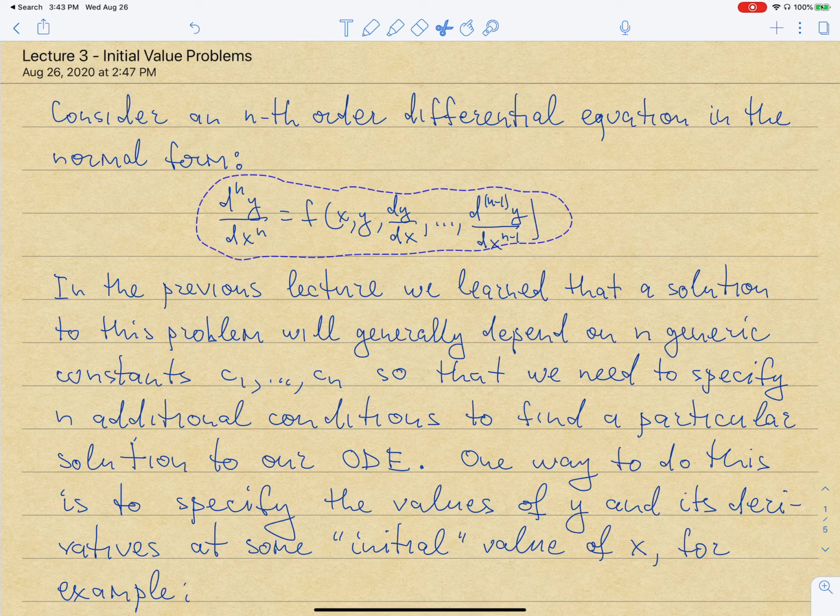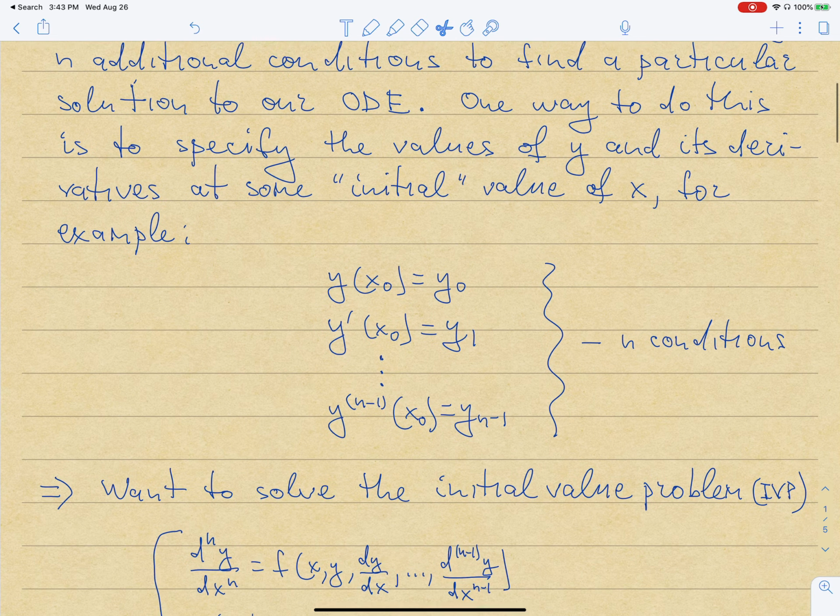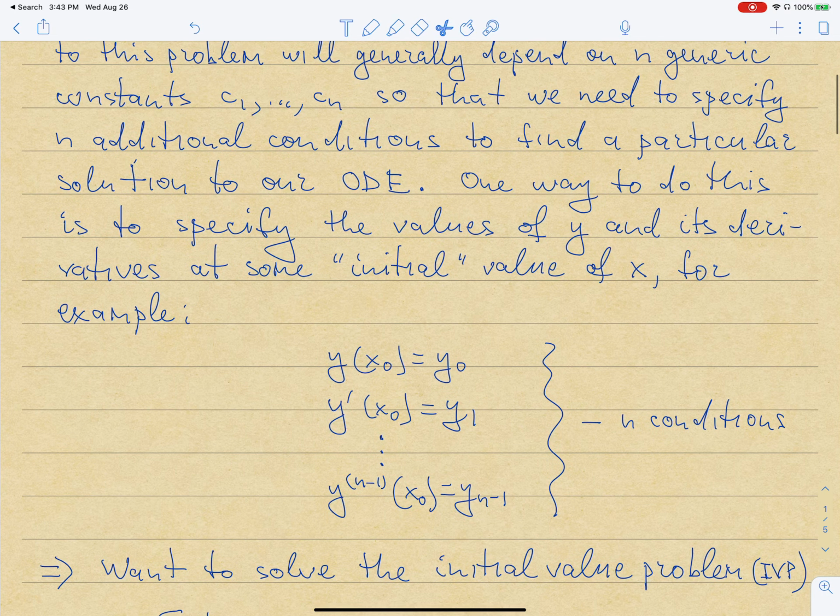So what we're going to do, we're going to fix some initial value of x that I'm going to call x0. And at this point, x0, we can then specify a bunch of information about function y. And we need, like I said, n conditions. So one systematic way in which you can specify n conditions will be this. You prescribe the value of the function at the point x0. It gives you one condition.